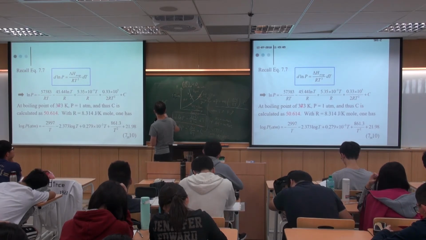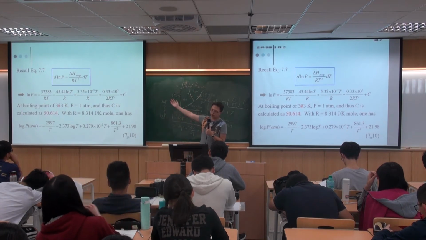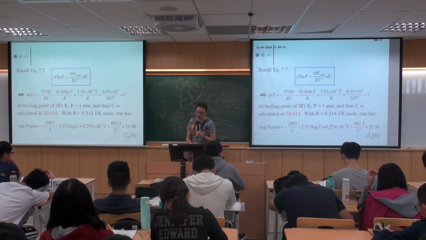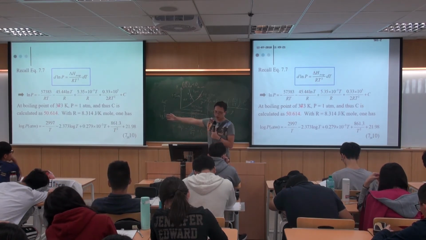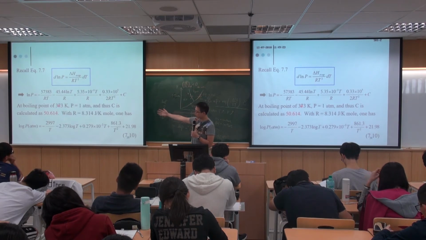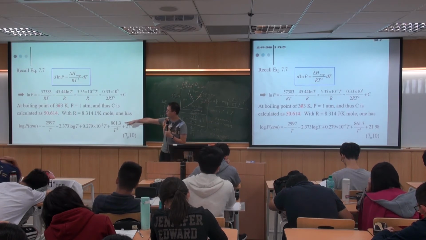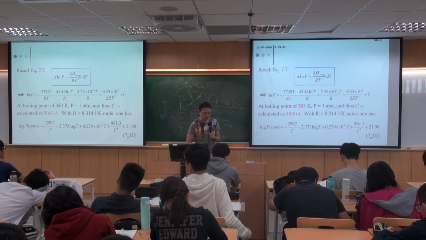So this is using 10, right? I think this is probably divided by 2.3 or something if you want to calculate. This is simple math. It shouldn't be too hard for you. But eventually, in typical experimental data, if you want to fit it, people typically use the log P with a base of 10.